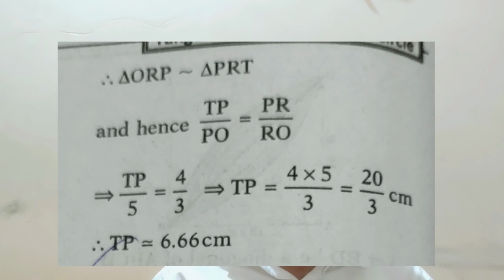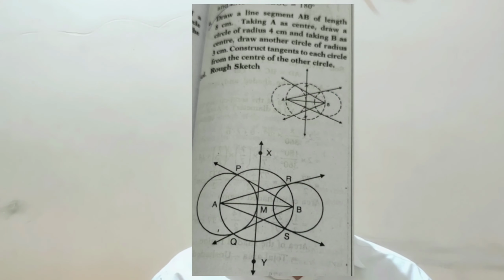And next, draw a line segment AB of length 8 cm. Taking A as center, draw a circle of radius 4 cm and taking B as center, draw another circle of radius 3 cm. Construct tangents to each circle from the center of the other circle. Which is very important.